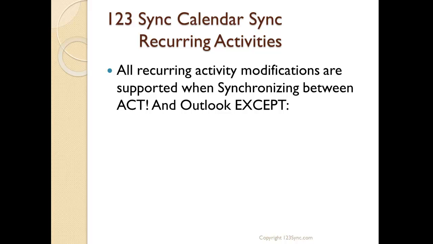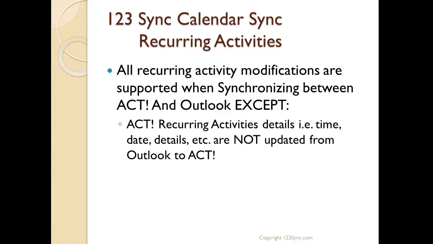123 Sync supports all recurring activities modifications between Act and Outlook. So if you add, create, delete, modify in Act, it's supported in Outlook. From Outlook to Act, everything is supported except if you do any modifications to the dates, details, and so on within the activity.